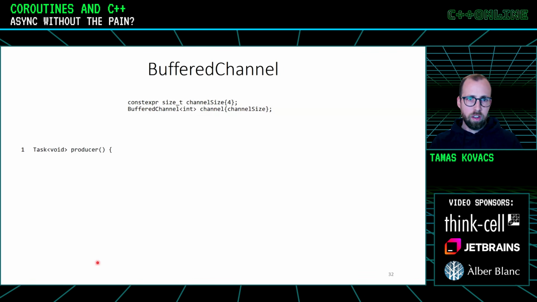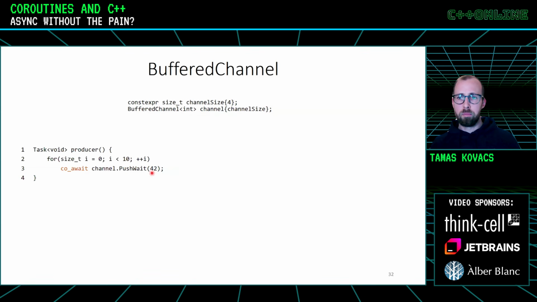In our producer, we are producing the values. We are going to produce 10 values in this queue, pushing back 42 every time. And if the buffer is full, so we reach the count 4, push_wait suspends the producer coroutine.